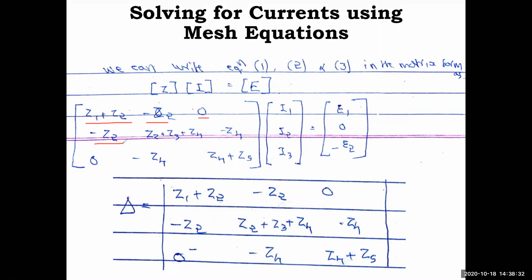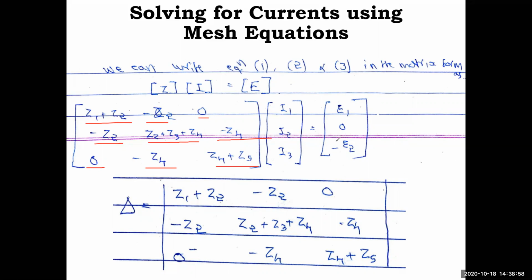Similarly with I2 you had this value with I1, then with respect to the second mesh, and then with I3 you had all the three values, right? In the third mesh you had no I1 value, so it is 0, then the I2 value, and then the I3 coefficient, right? So these are the coefficients and the currents are I1, I2, I3, and on the right side you had E1, 0 and minus E2. Clear?